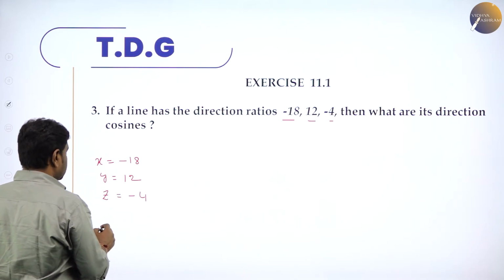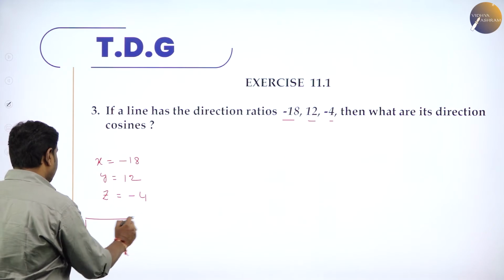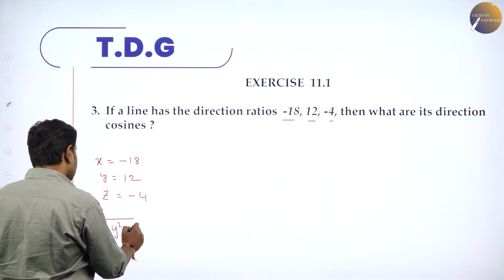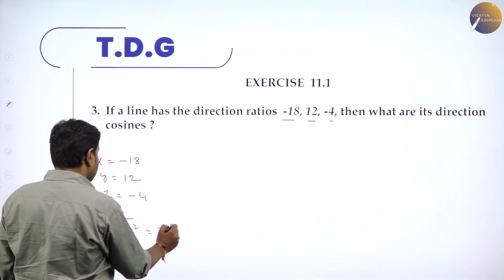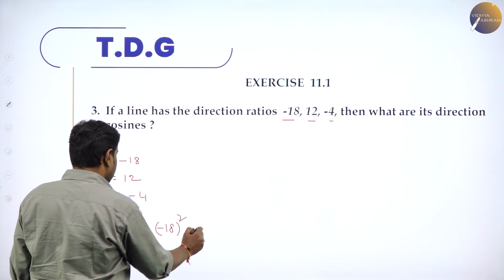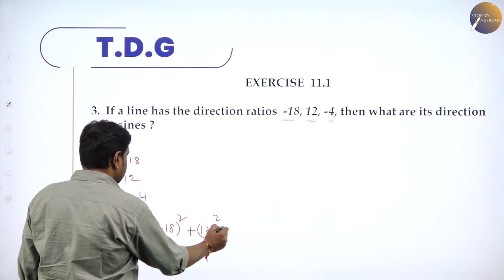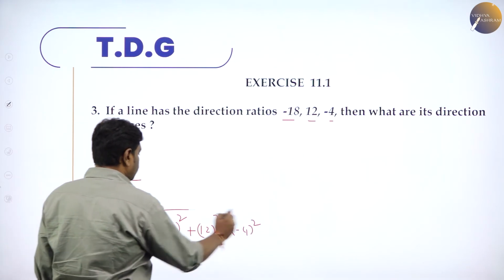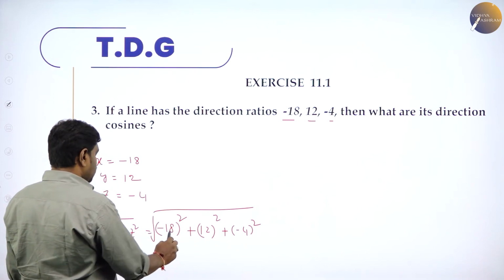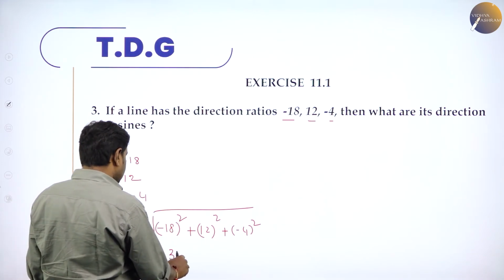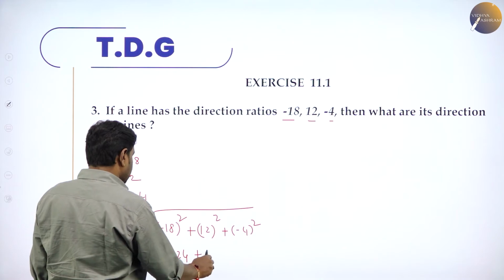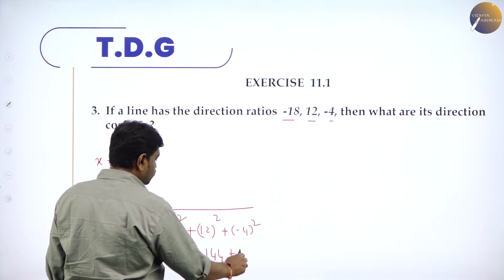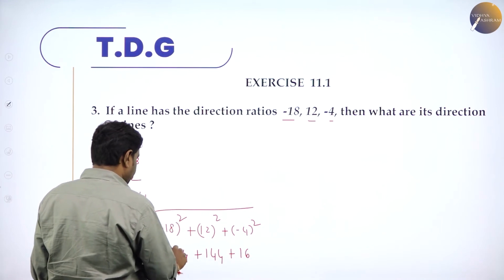So for the direction cosines, first I'll find the magnitude. I'll find root of x square plus y square plus z square. That is root of minus 18 the whole square plus 12 the whole square plus minus 4 the whole square. You know minus the whole square is plus, and 18 square gives you 324, plus 12 square gives you 144, plus 4 square is 16.